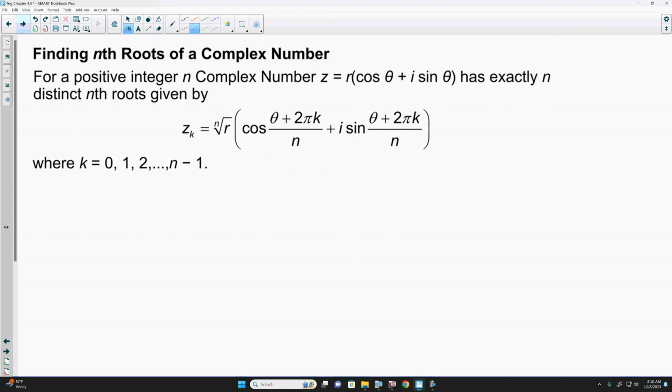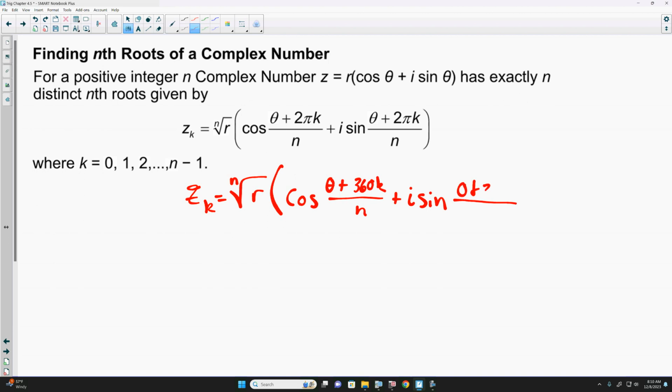We could use it in degrees. Z sub k is equal to the nth root of r, cosine of theta plus 360k over n, plus i sine of theta plus 360k over n. Make sure I write my Greek letters correctly.